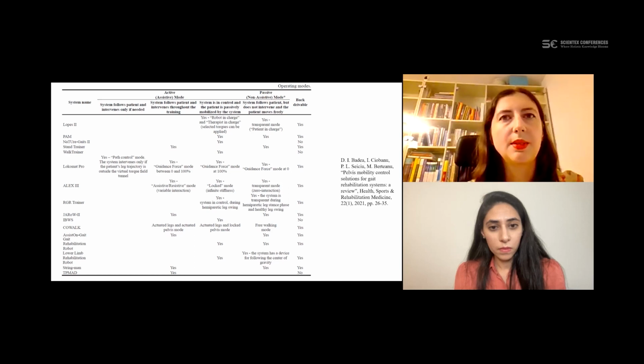There are 8 systems which are capable of following the patient and intervening throughout the entire training session, even if not needed: Stand Trainer, Lokomat Pro, ALEX 3, 02, Co-Walk, Assist On-Gait, Strongman, and TPMAD. And only one system, Lokomat Pro, has an operating mode in which the robot intervenes only if needed, when the patient's leg trajectory passes outside a certain virtual field.